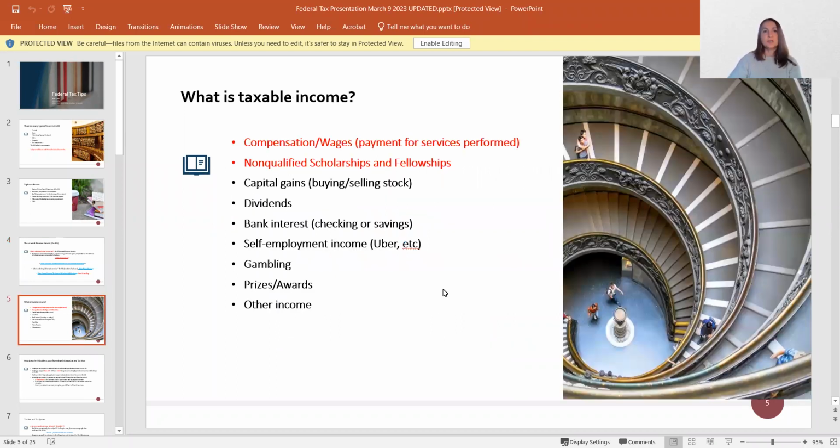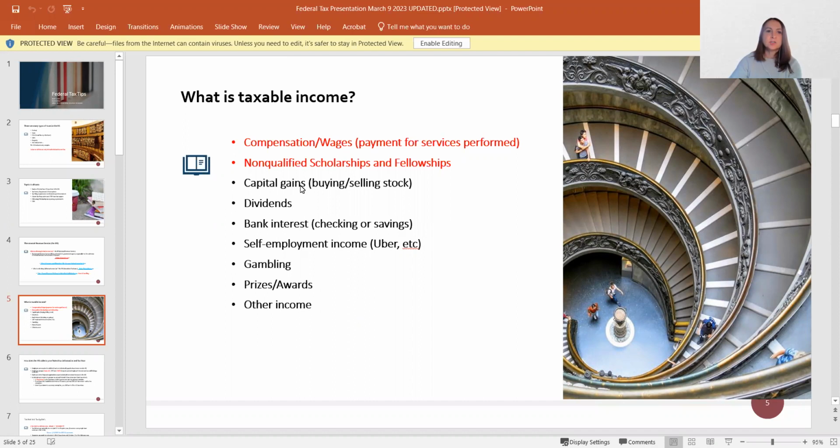Okay, so what is going to happen? What is taxable income? What do we need to worry about? Most of you are familiar with compensation wages. These are the payments for services performed as employees. And also you're probably familiar with non-qualified scholarship and fellowship. That's why you were required to complete Glacier in the first place, because UCSC already determined that your fellowship and scholarship is taxable.